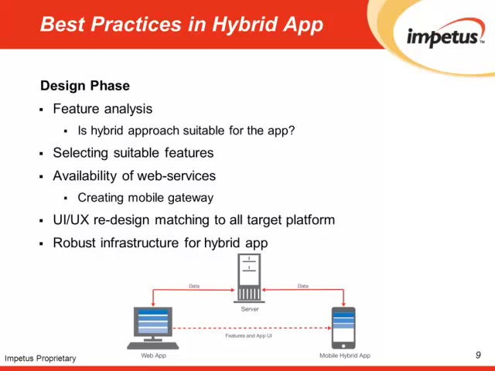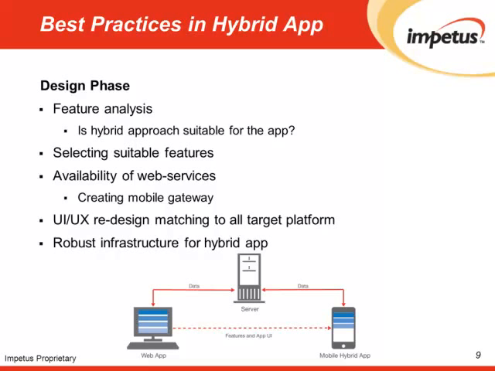As the name indicates, it involves selecting the relevant features for the mobile application. We suggest choosing the appropriate use cases that are frequently accessed by the target user on the go. This may include the ones that require real-time user input to smoothen the workflow and enhance the overall speed of the system and the decision making.